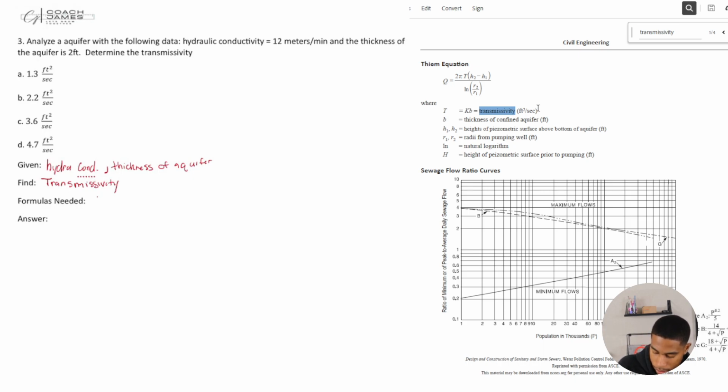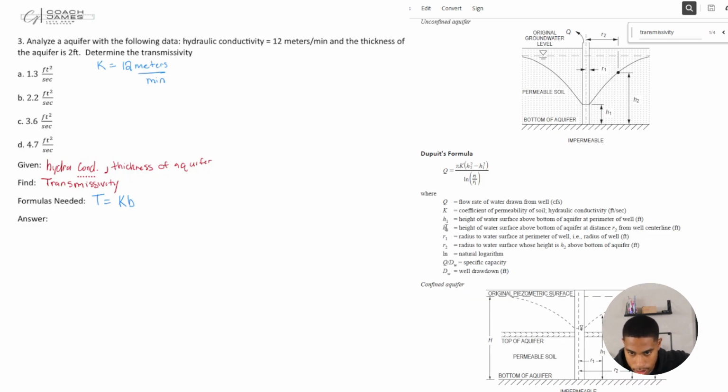So we know that we're going to be using, let's use a different color, T is equal to K times B, where K is equal to 12 meters per minute, and we need to get this in feet per second.